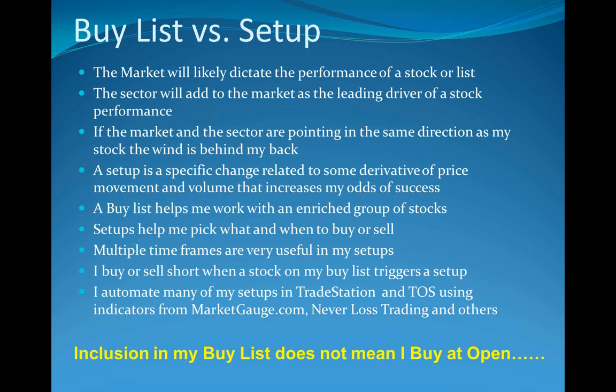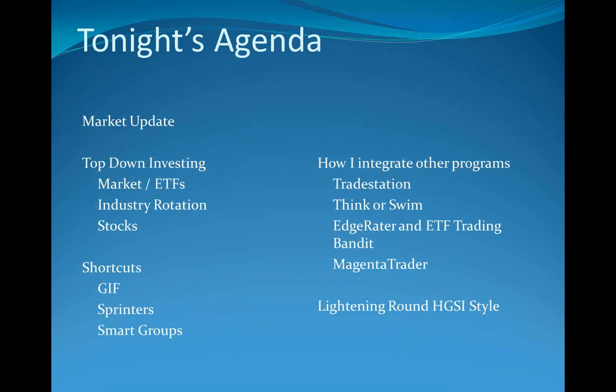I get some of these automated in TradeStation and Thinkorswim using indicators from, as you can see, Market Gauge, Never Lost Trading, and others. If I say it goes on my buy list, all it means is I'm looking at it tomorrow. It's where I start, but I do scans, which I may show on Thinkorswim throughout the day, that help me identify other stocks I should be considering.